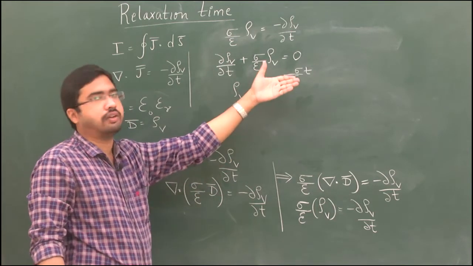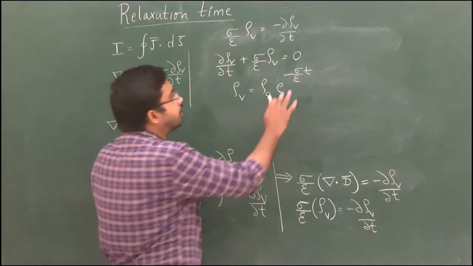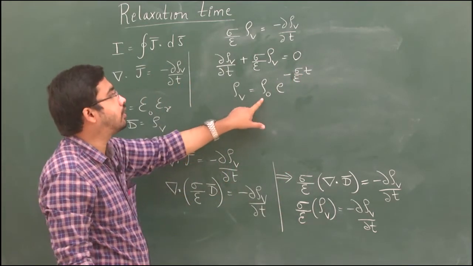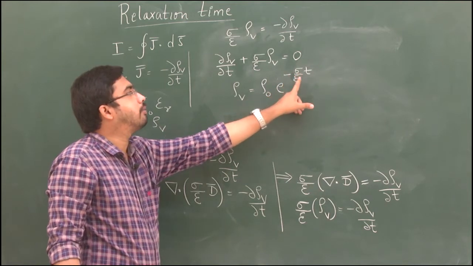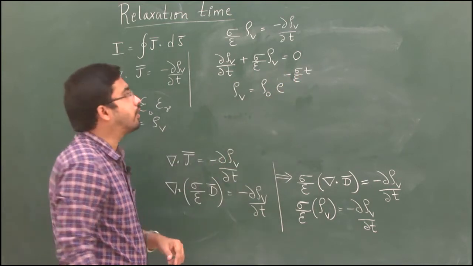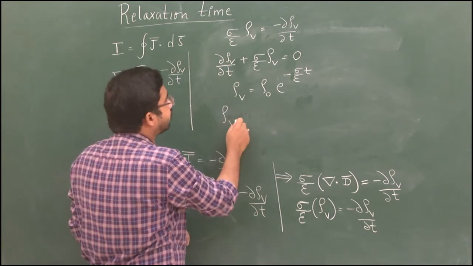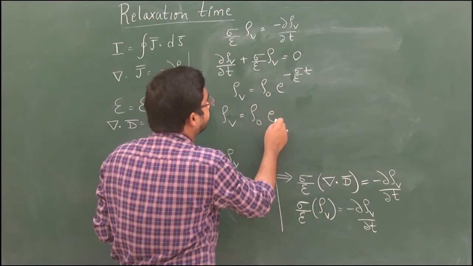I think you know these derivations from our mathematics. So after solving, we get rho v equal to rho naught into e power minus sigma by epsilon into t.